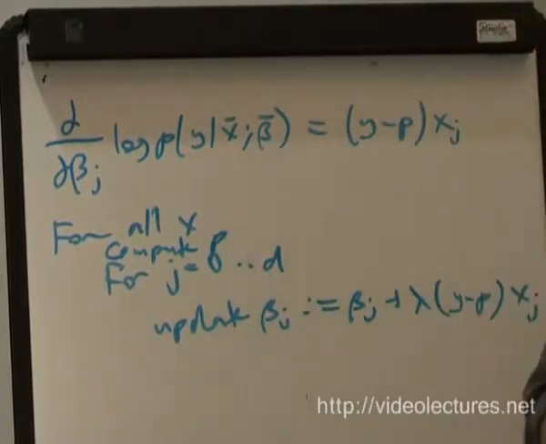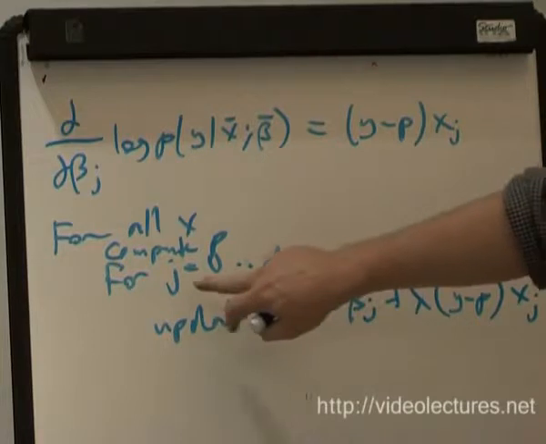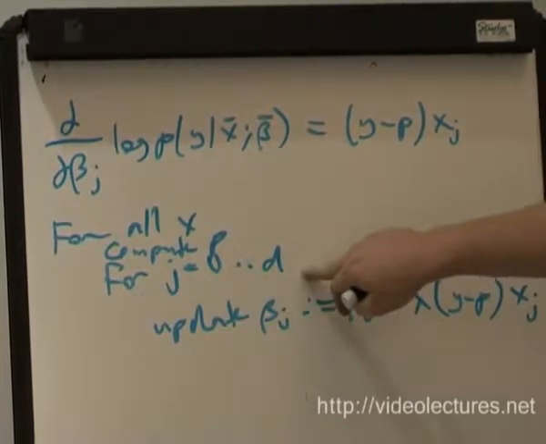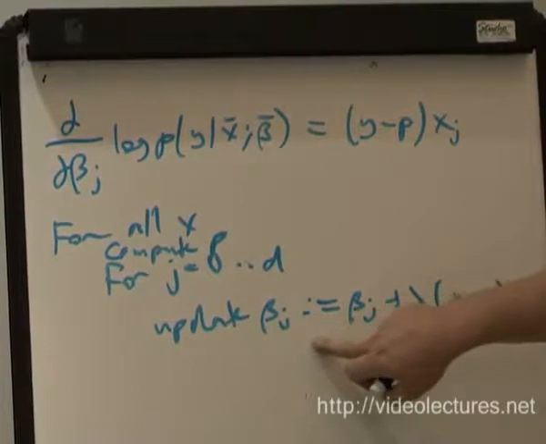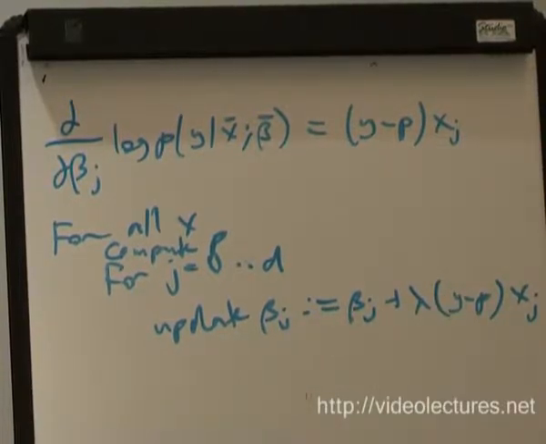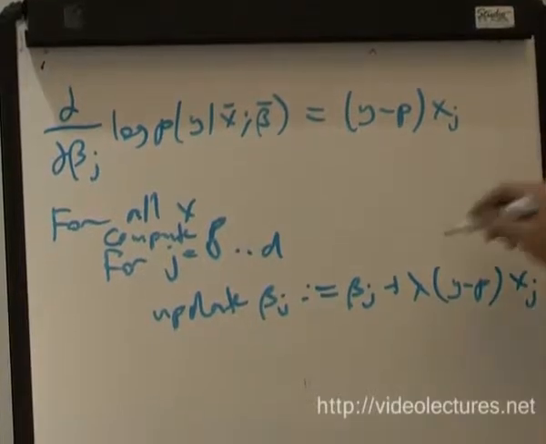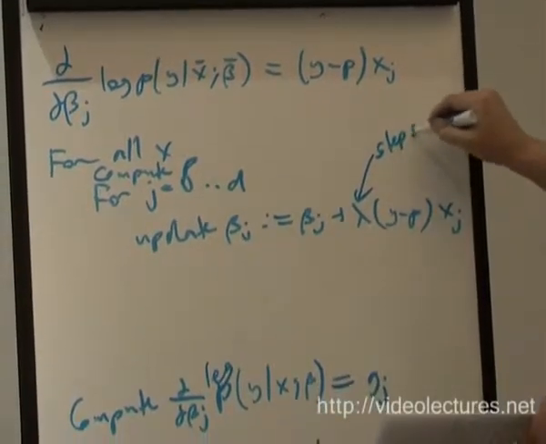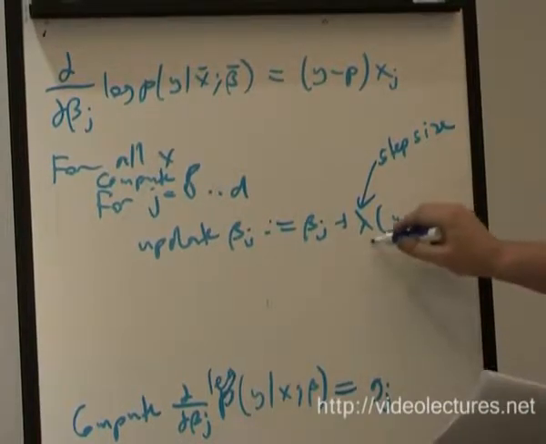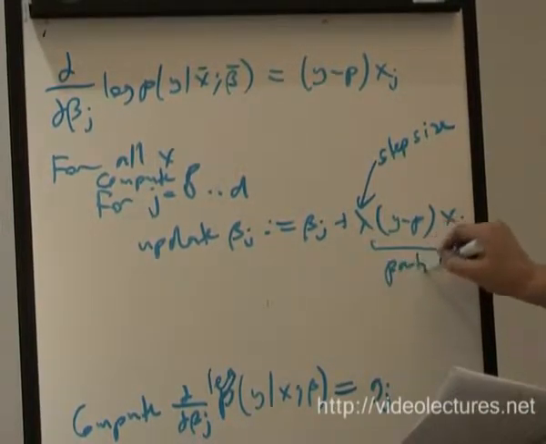So here what we would do is compute p. We get a training example x. We compute its probability p according to the current model. Then for parameter beta 0 to parameter beta d, we update that parameter by adding something to it, which is the step size and then the partial derivative.